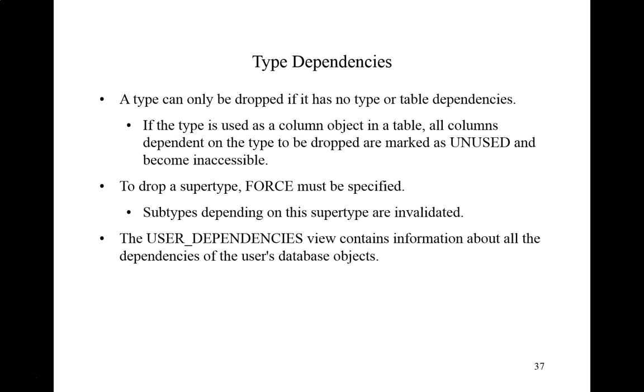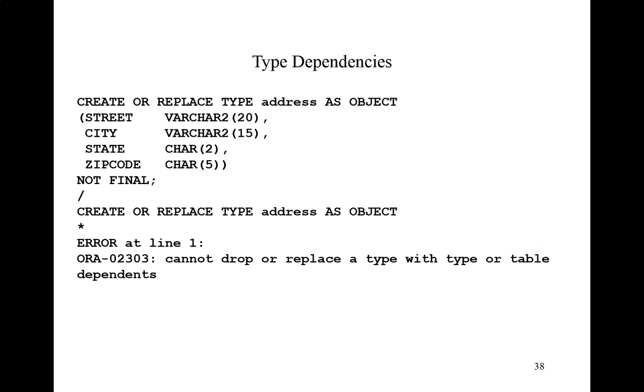But remember, it did say that business address was created, but it compiled with errors. So that dependent type exists. So if we try to say create or replace address, and now add the not final clause, we get an error.